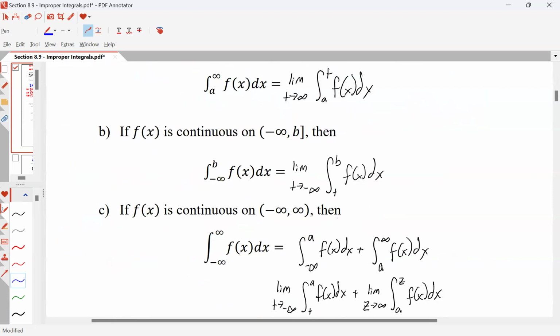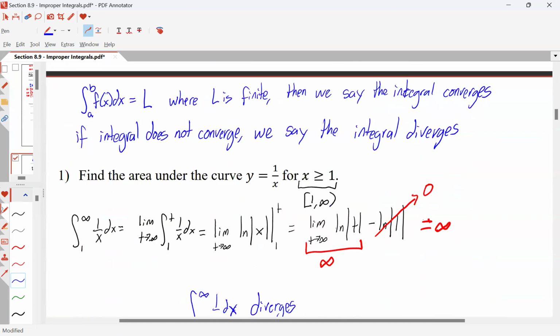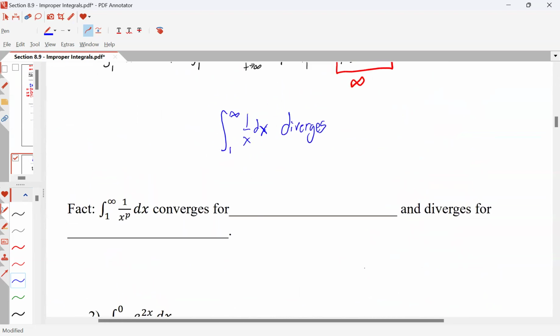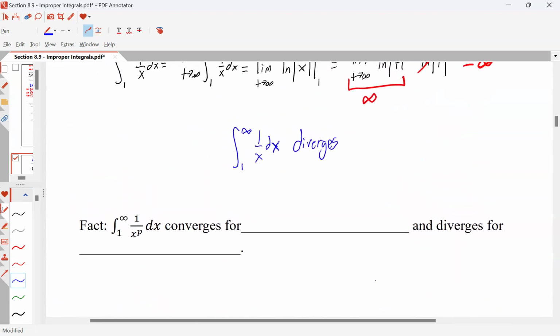There is actually a rule for these types of integrals we're looking at, and these are any integral of the form some lower bound to infinity of 1 over x to the p, where p is a number. These integrals will converge if p is bigger than 1, strictly bigger than 1.